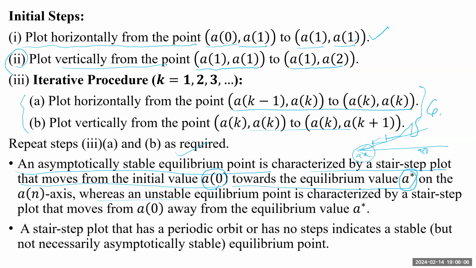Whereas an unstable equilibrium point is characterized by a stair-step plot that moves from A of 0 away from the equilibrium point.